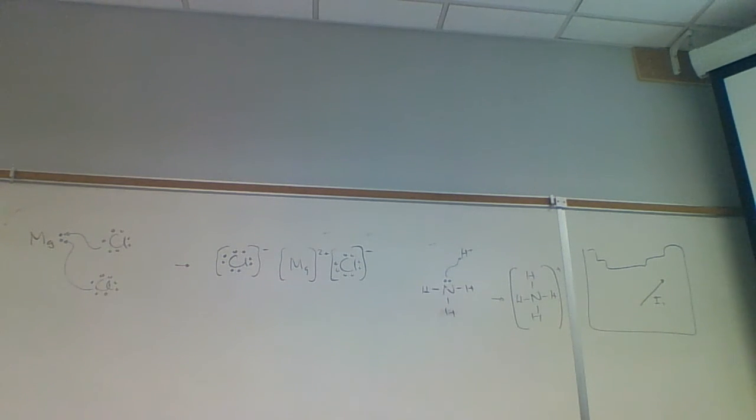Electron-rich region would be delta minus, an extra negative charge. Electron-poor region would be delta plus. And so if I had a positive plate here, then the red end would be attracted to that. And if it's strong enough, it'd be pulled towards it. And so ammonia would be like water in that sense.